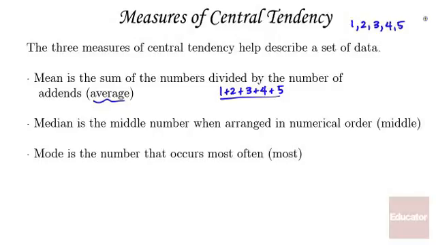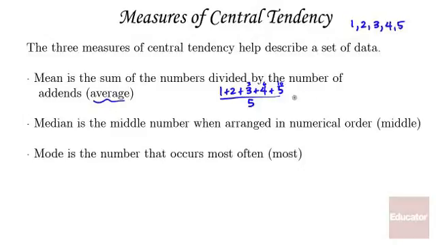Here we have 5 different numbers, so you're going to divide that sum by 5. 1 plus 2 is 3. I'm just going to write that number on top. 3 plus 3 is 6. 6 plus 4 is 10. 10 plus 5 is 15.